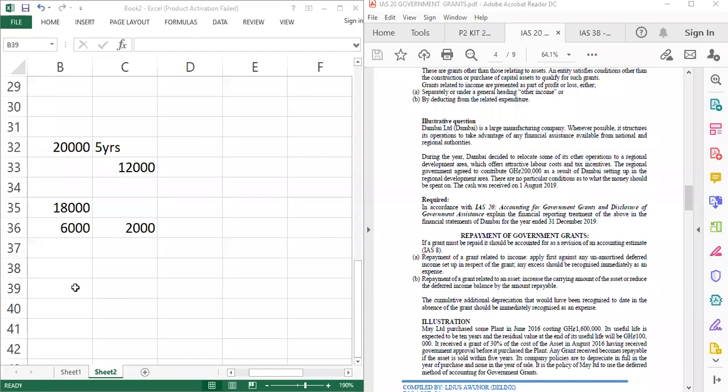So you debit your revenue account, because the grant is an income, which has a credit balance. So you debit your grant account, then you credit what? Cash, because you are paying. But you are paying 18,000. Where would the 6,000 go? The 6,000 is the excess grant that you have recognized over the years. So you debit your profit or loss and still credit your cash.